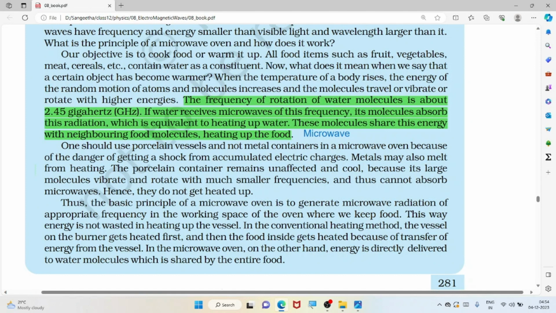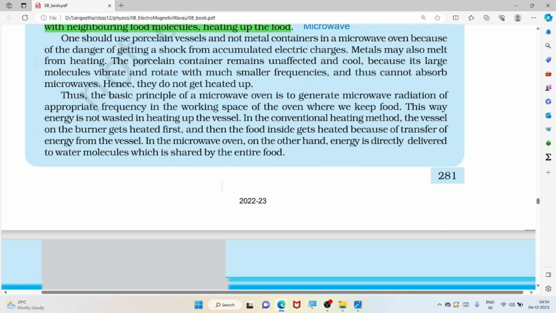If water receives the microwave of this frequency, its molecules absorb the radiation, which is equivalent to heating of the water. These molecules share the energy with the neighboring food molecules, heating the food. This is how a microwave oven works.